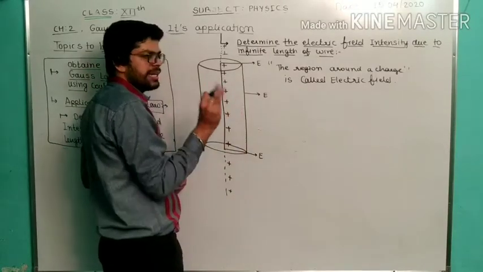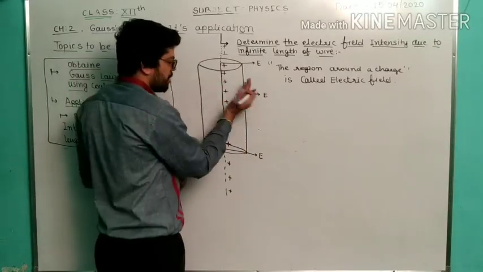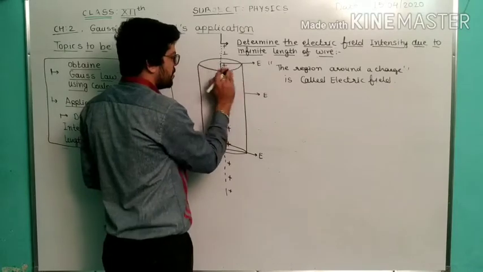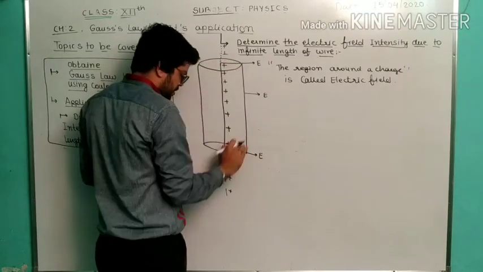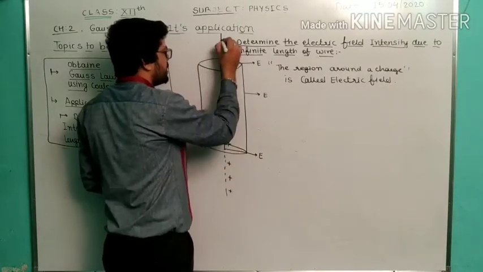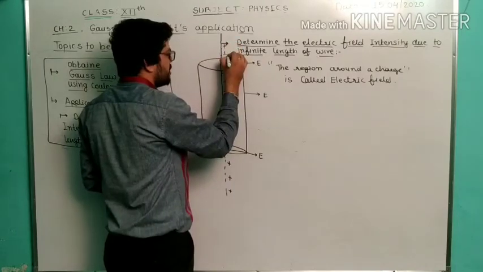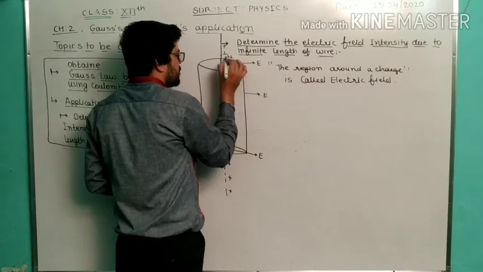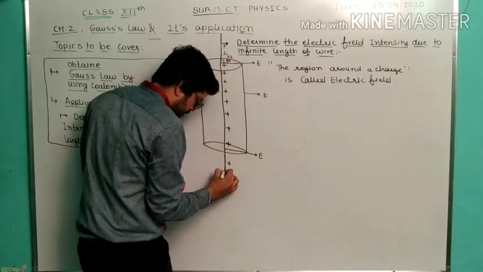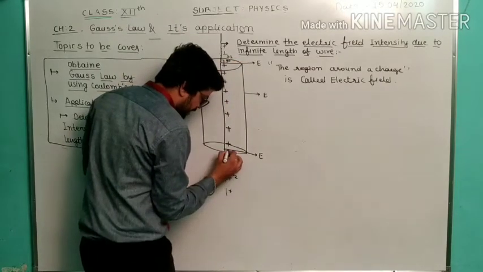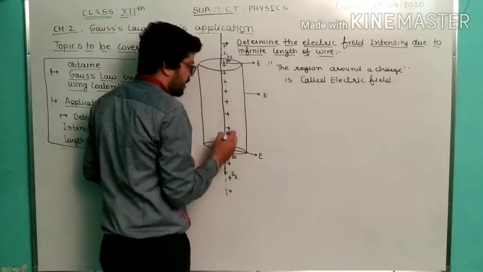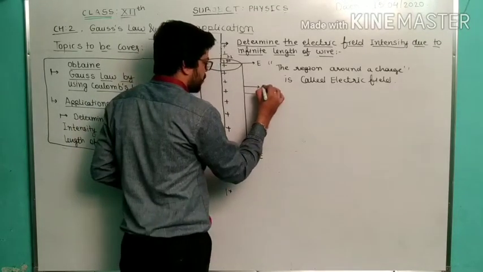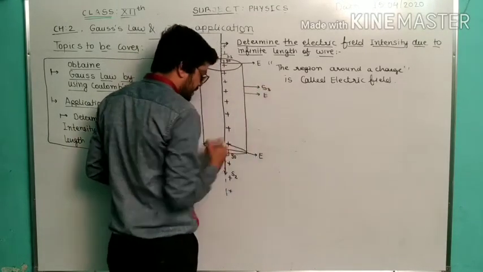But we got three types of surface area. Number one, this is the curved surface area, circle. Okay, area of the circle. So this area of circle, let's consider this is S1. It is making angle 90. This is S2 surface area, it is making angle 90. And here we are going to consider S3.